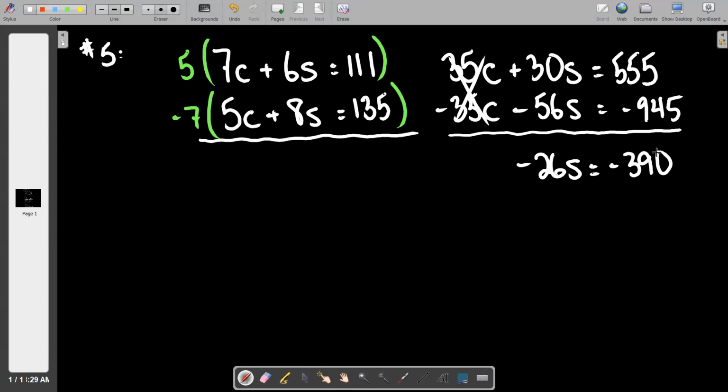I think it's negative 390, but again, it is Monday morning. You might want to keep tabs on my arithmetic here. And then when we divide both sides by negative 26, we should get S equals 15. Have we found your mistake? Yeah. So you're good from here? Okay.